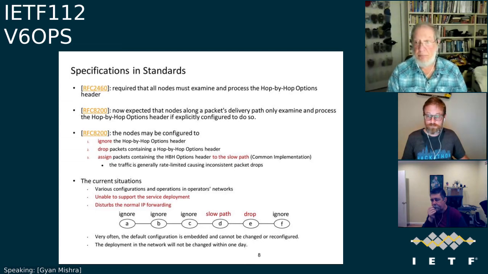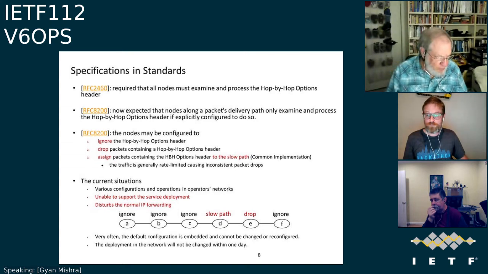And then as well, RFC 8200 nodes may be configured to ignore, drop, or assign packets containing the HBH options to the slow path. So with current situations of various configurations in operator networks, unable to support service deployments and disturbing normal IP forwarding, that's really the big issue, especially on the public internet, as well as private MPLS and internal networks.